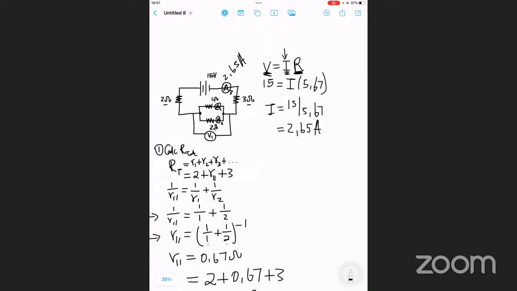Okay. So I wanted to check if you guys are able to calculate using the ratios. No, sir.